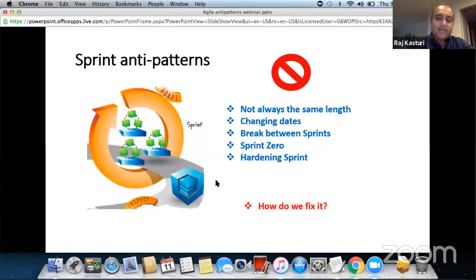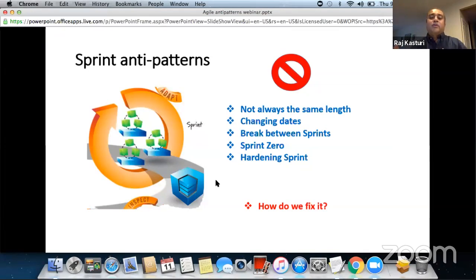The other anti-pattern that I've also observed is a hardening sprint. A hardening sprint is where we say, let's take one more sprint for doing some QA, or maybe some integration, or some implementation. The problem with that is the product owner or the business owners have been paying for each sprint, right?